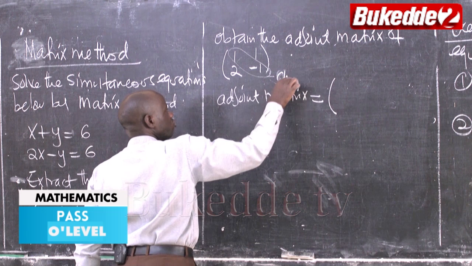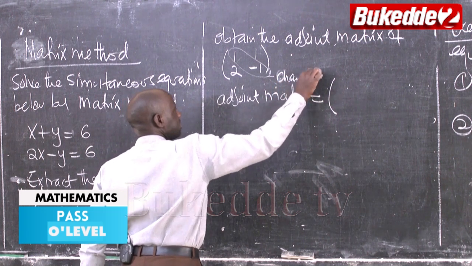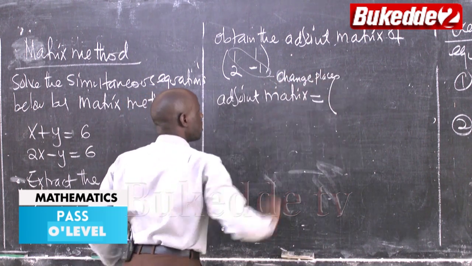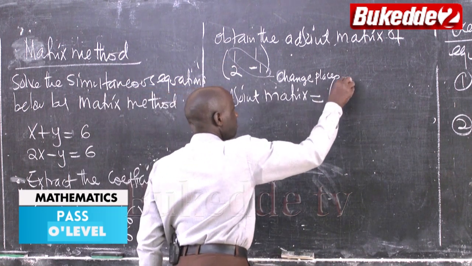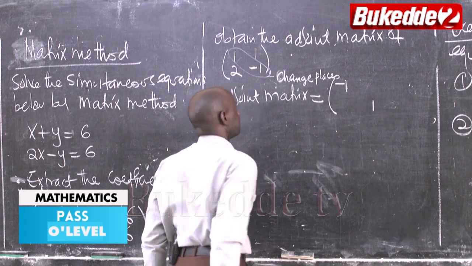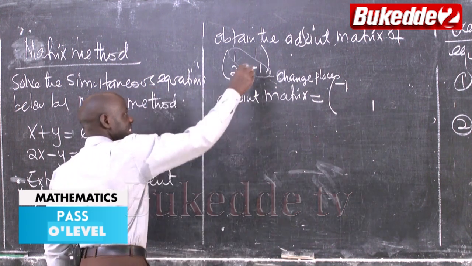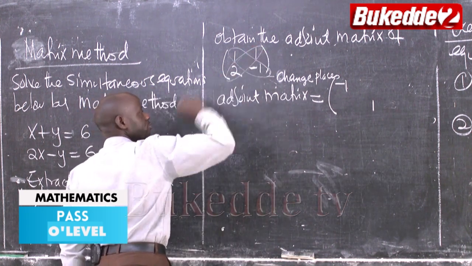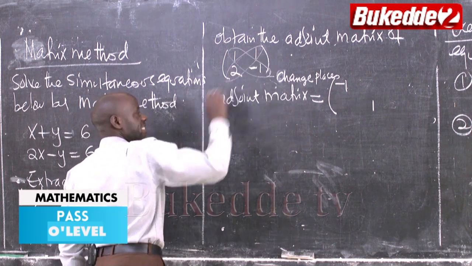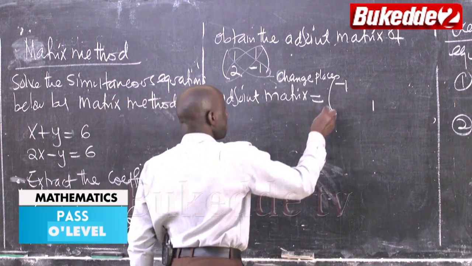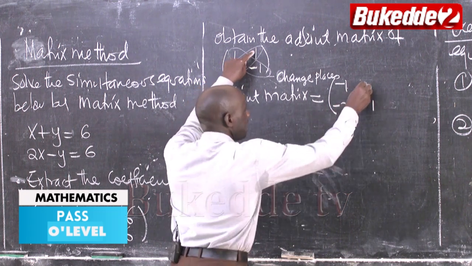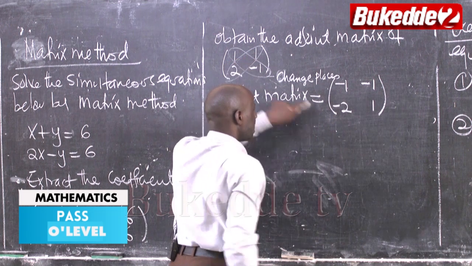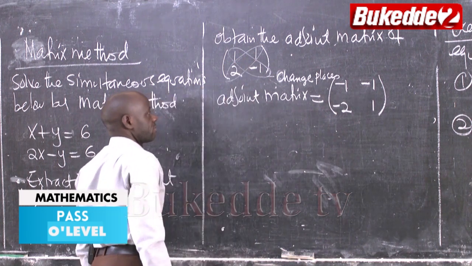These ones change places. In other words, what is here goes there, what's there comes here. So you're going to have here -1, 1. Then this is our minor diagonal. These ones change signs. So because it is +2, we shall have -2 here. +1, we shall have -1 here. That is your adjoint matrix.